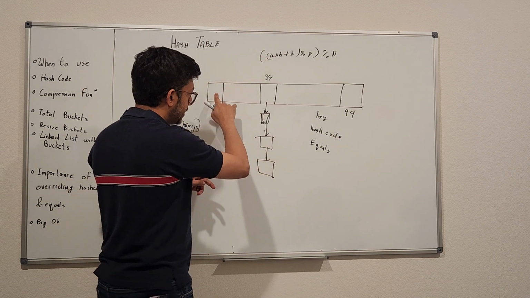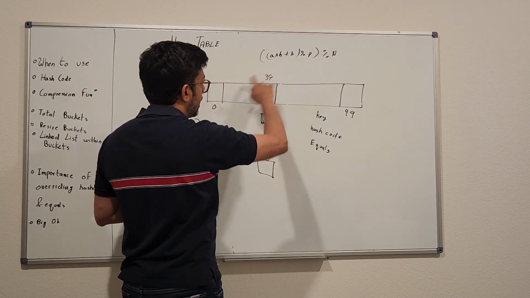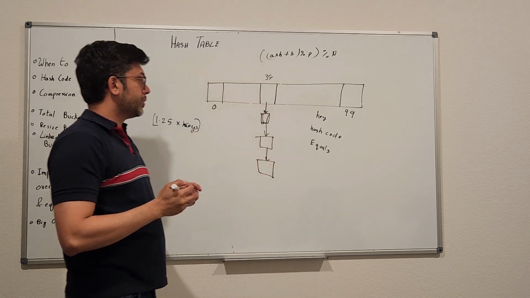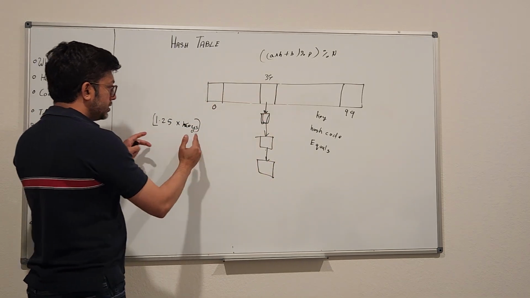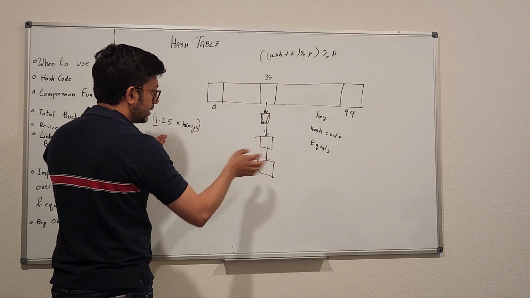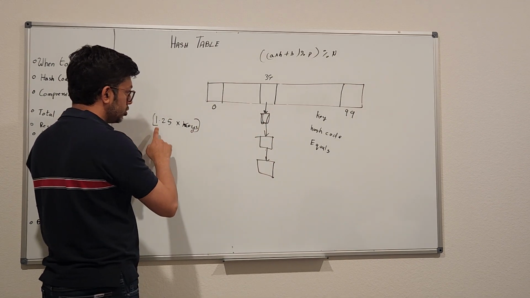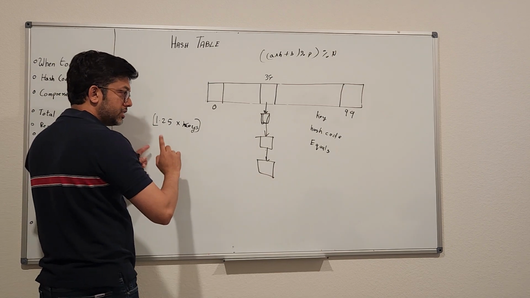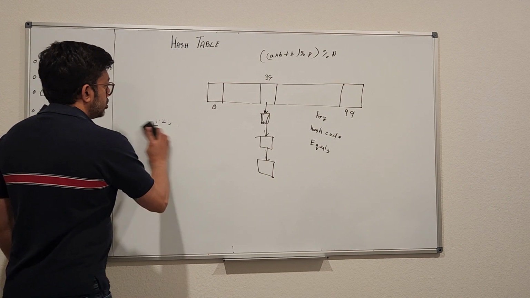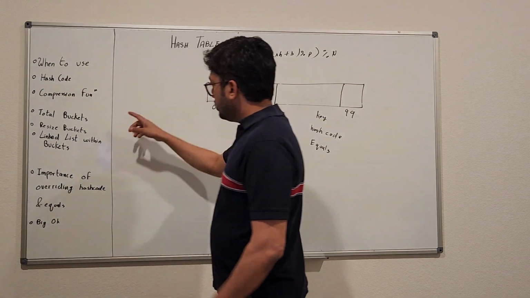So you cannot directly copy 0 to 0. You'll again have to do the compression function on all the keys and copy them over to the new array. So first, the total number of buckets is twice the number of keys, and you keep adding keys. At some point, the total number of buckets is only 1.25 times the number of keys. That's the point where you double the array again.